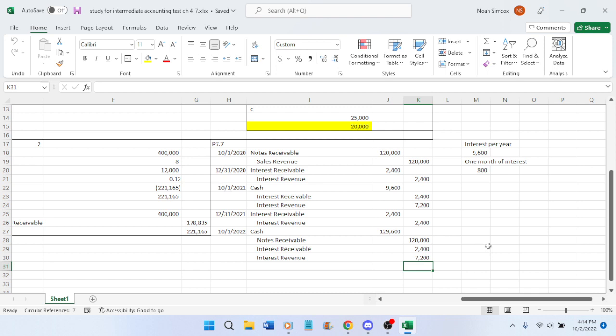Notes receivable, sales revenue, interest receivable, and interest revenue.